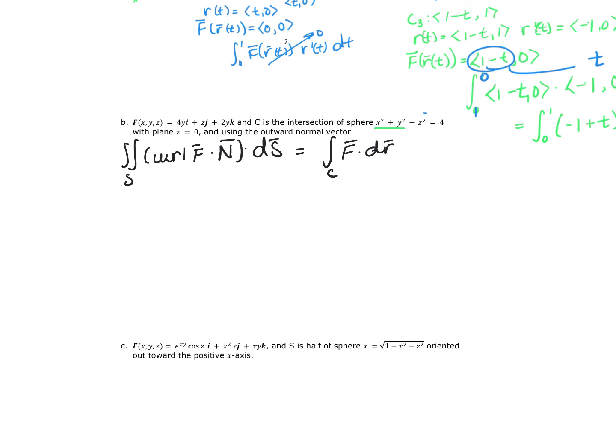I have this intersection of this sphere and the plane z equals 0.